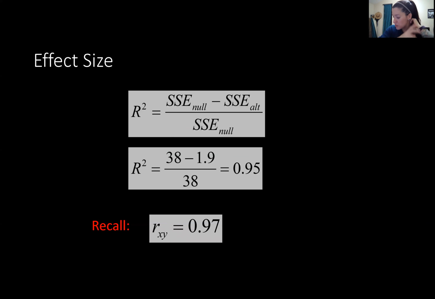All right, so we do need to talk about effect size too, right? So we make this prediction using regression, and we're predicting the outcome of y, and we have what seems to be a pretty large coefficient for this, right?